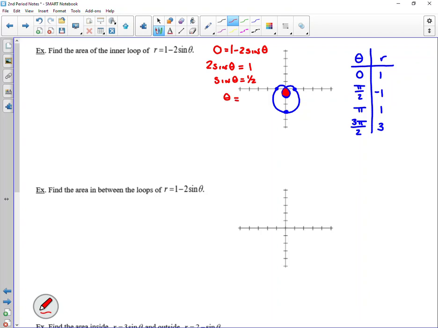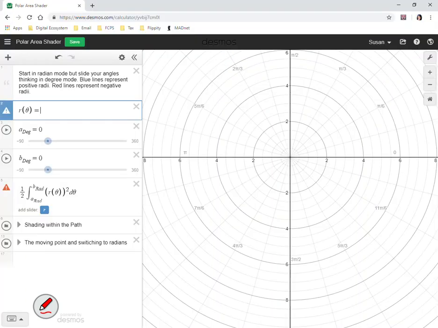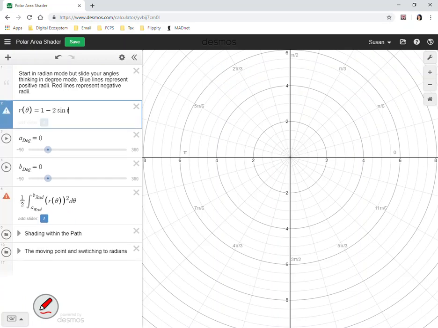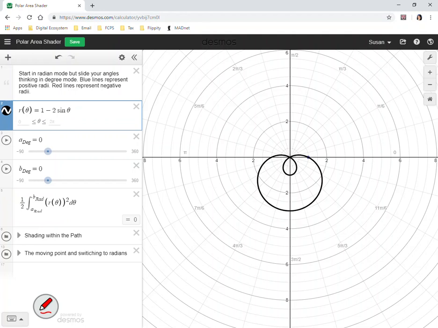Theta equals pi over 6 and 5 pi over 6. Let's make sure we did it right. So if we go to our image, 1 minus 2 sine theta.